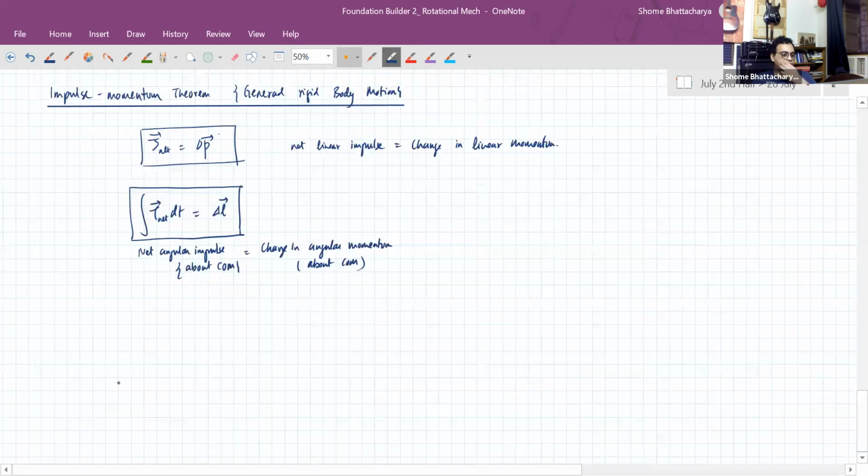Okay. So for example, we have seen questions based on this in the last lecture also, including those collision type of problems, but let's look at a different type of question based on this now.